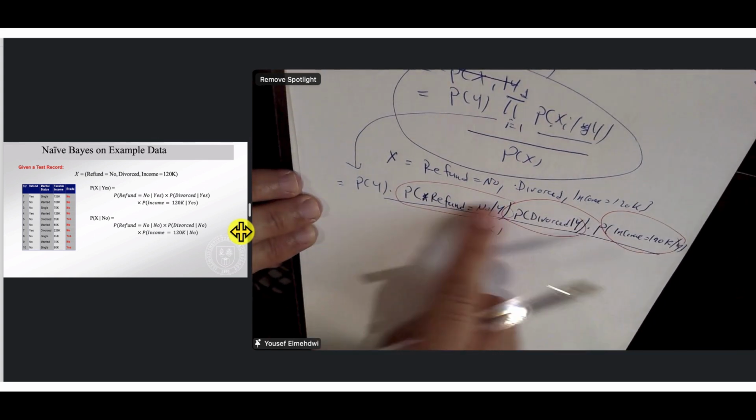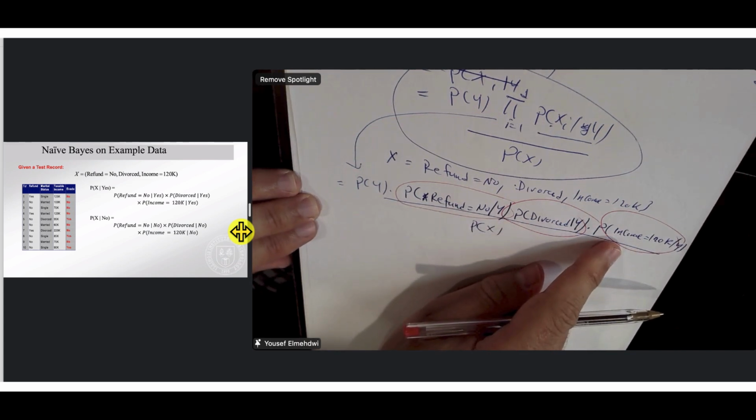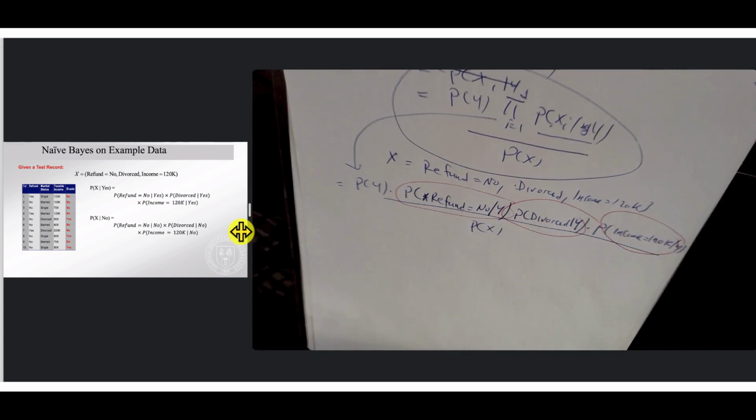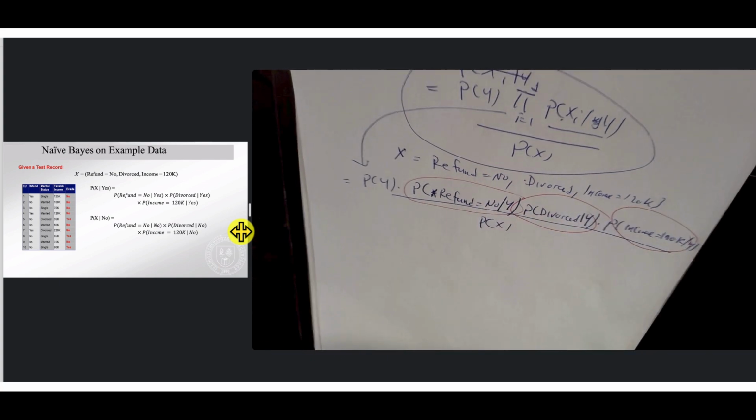If you notice, we have different data types: continuous, and maybe categorical. So we're going to see how, based on the different data types, you can compute this value. Once I know that, it's going to be easy.